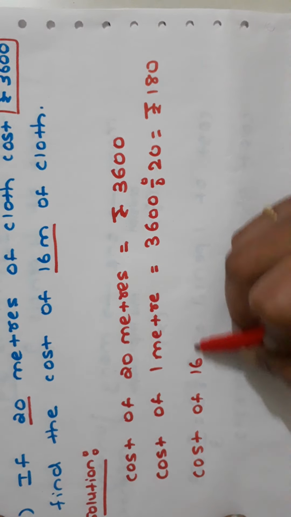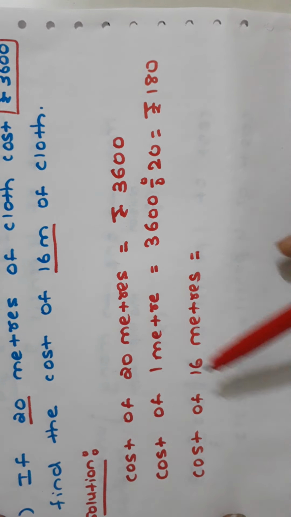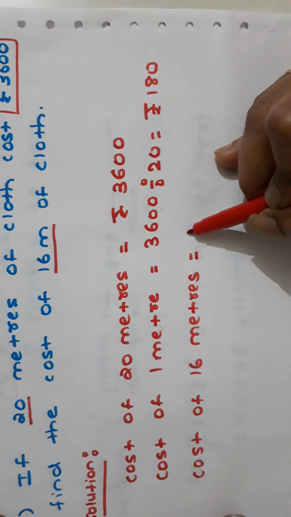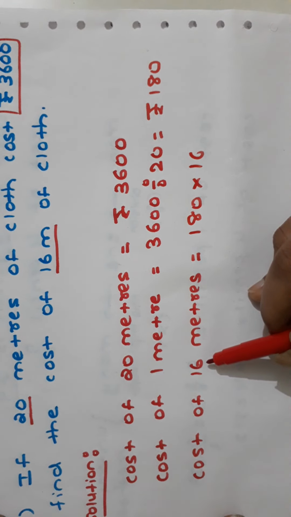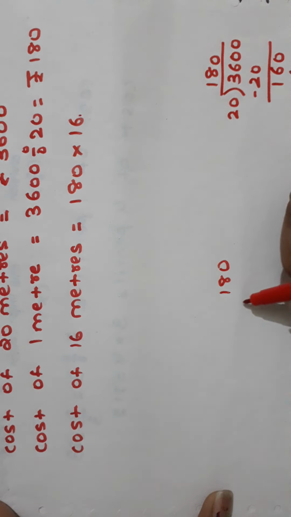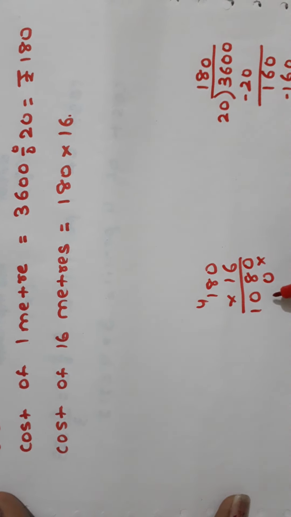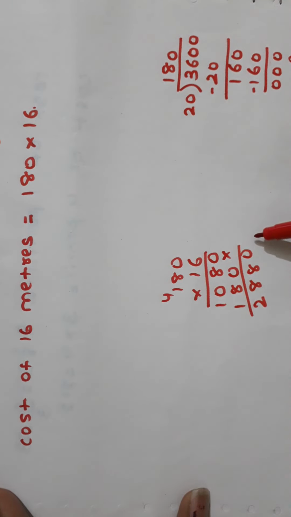Cost of 16 meters of cloth is equal to, from 1 to many, we will use the operation of multiplication. 180 multiplied by 16. 180 multiplied by 16 is 0, 8, 4 carry, 10, 0, 8, 1. 2880.